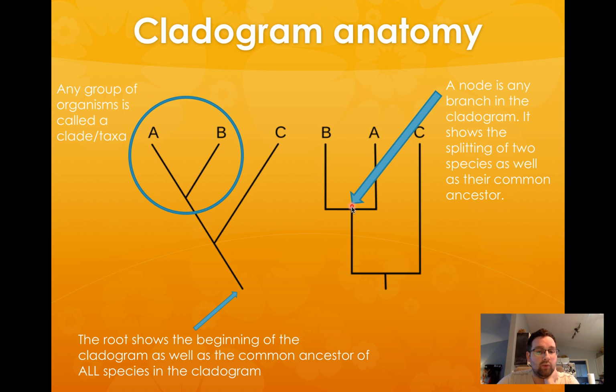So right where I'm pointing, or also right where I'm pointing over here. It gets traced back to the root, which is the common ancestor of all those organisms, whatever that might be. Let's say this is dogs, wolves, and cats is C. The common ancestor would be whatever came before those and split off to all those different groups.